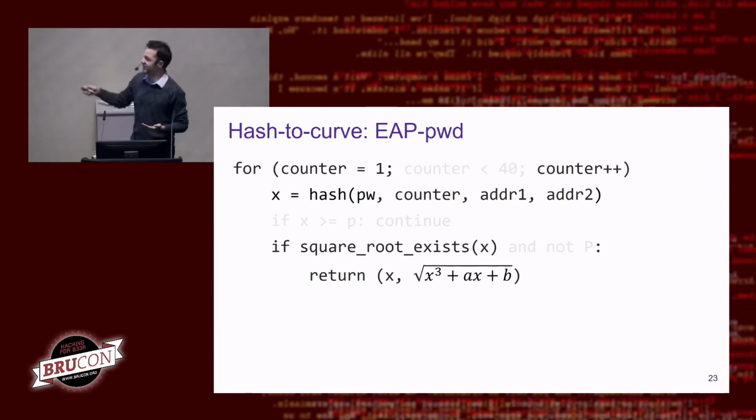The intuition here is that we have a square root, and if we take the square root of a negative number, that doesn't exist. And the same situation, at least intuitively, applies here as well. This square root doesn't always have a solution. So that's why if we have this x value, we first need to check, does this square root actually have a solution? And if it does, then we know that we found a point x and y that indeed lies on the elliptic curve and that we can use.